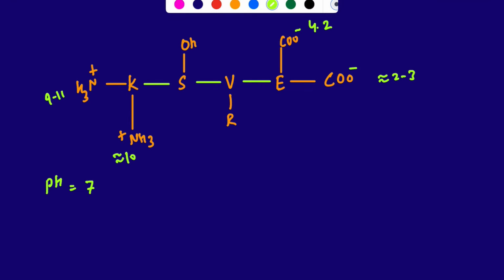But then when you look at your NH3 groups, they're still going to stay protonated because their pKa's are still higher than the pH. Another way of saying it is that this solution of pH 7 is not basic enough to remove these protons, so they still stay protonated.